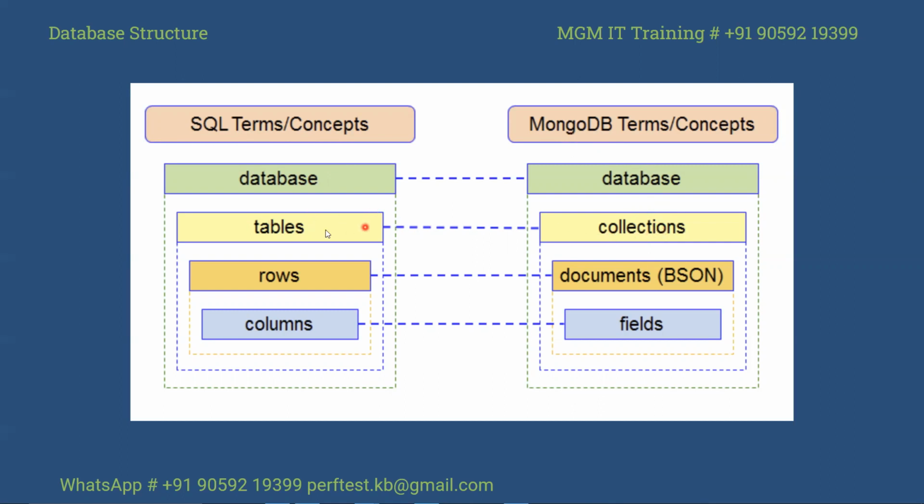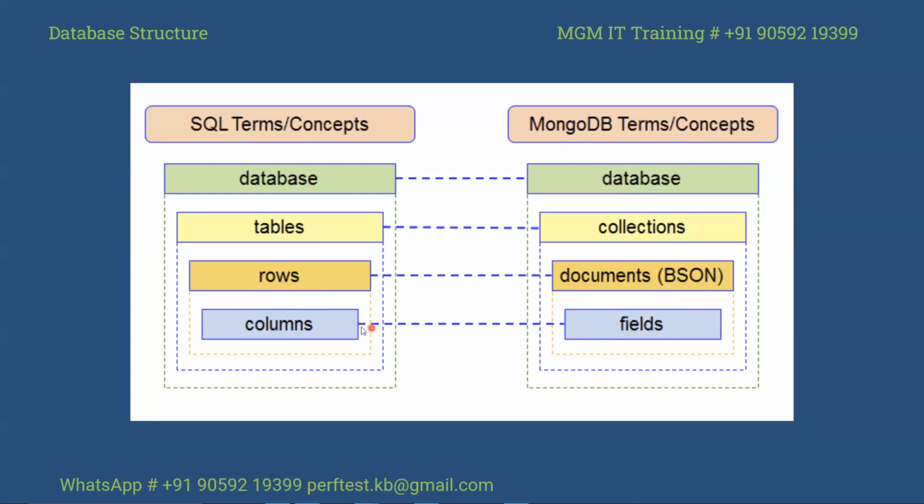A collection in MongoDB is similar to a table in a relational database like MySQL or Microsoft SQL, etc. And a collection will have multiple documents in MongoDB, just like how a table contains multiple rows in a relational database. A collection is nothing but a group of documents. And just like rows have multiple columns in a table, in the same way we have different fields in MongoDB.